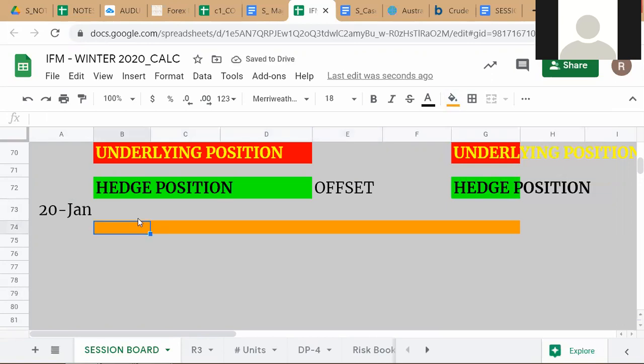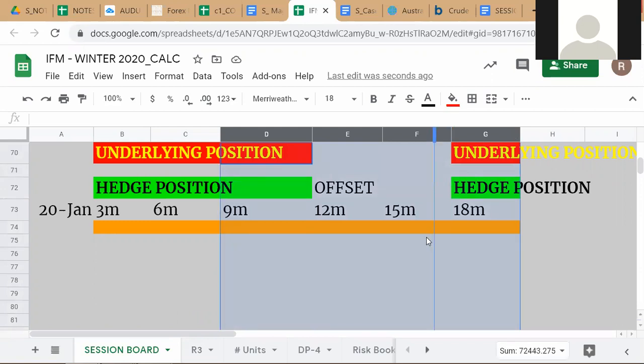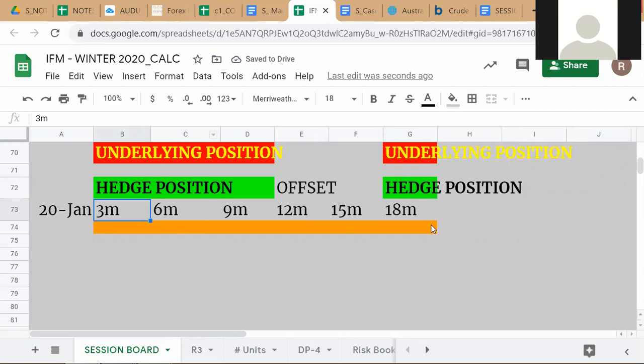Here, 3 months, then 6 months, then 9 months, then 12 months, then 15 months, then 18 months, and we extend this a little bit: 12, 15, 18, this should be 21 months and 24 months.